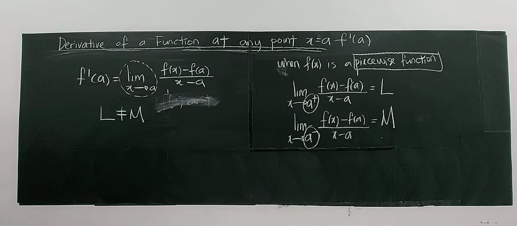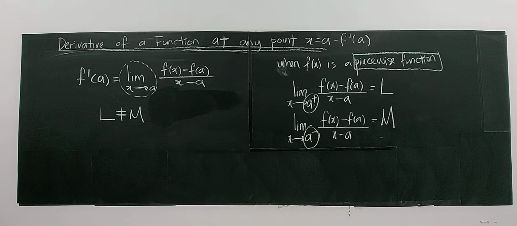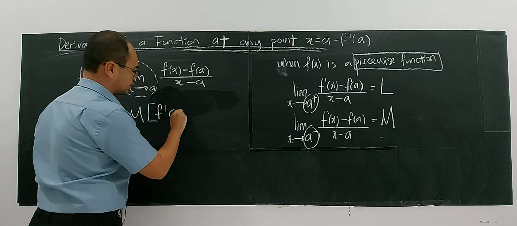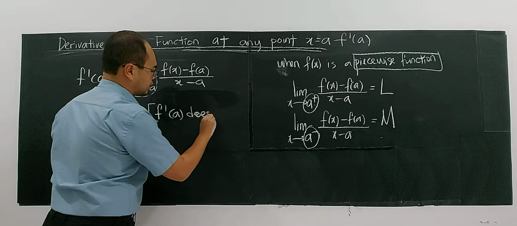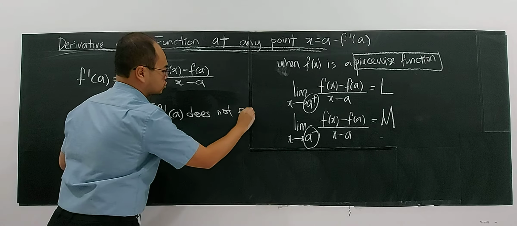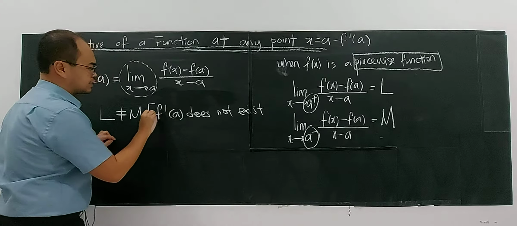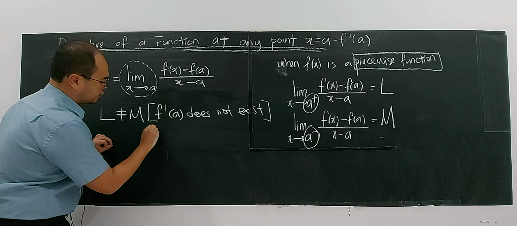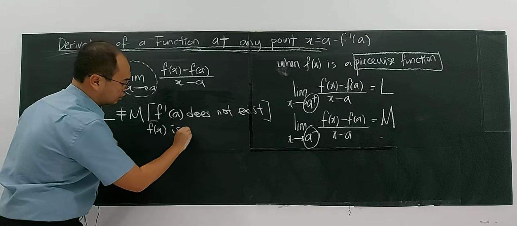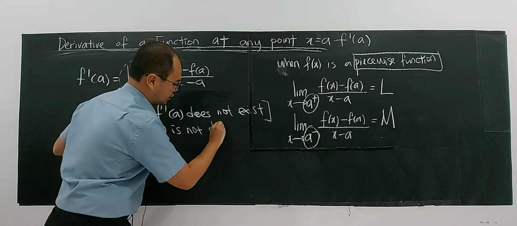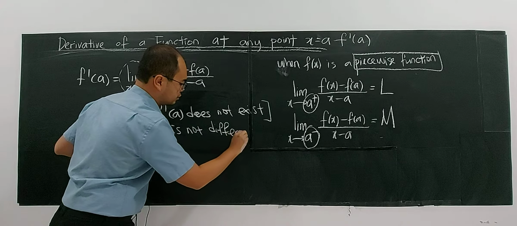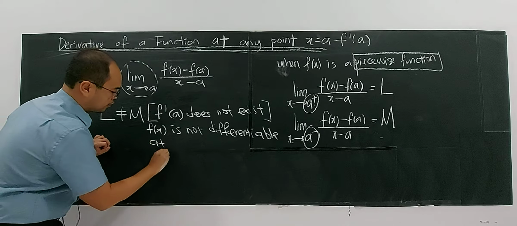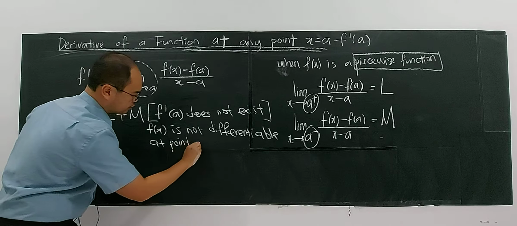You have to understand this. If L is not equal to m, then f prime a does not exist. The value does not exist. This is the first statement: f prime a does not exist, or we can say that the function f(x) is not differentiable at the point x equals a.